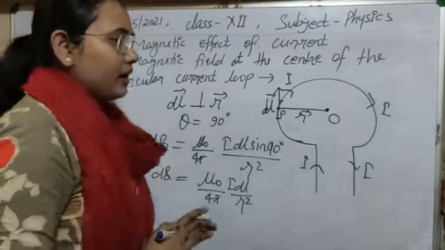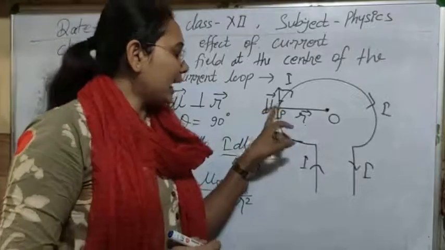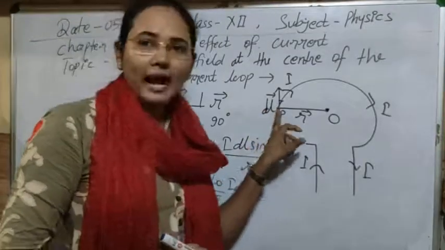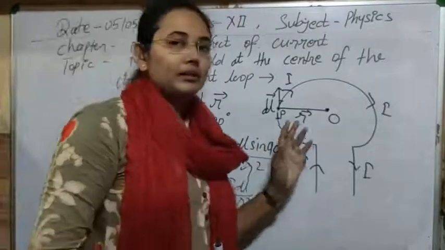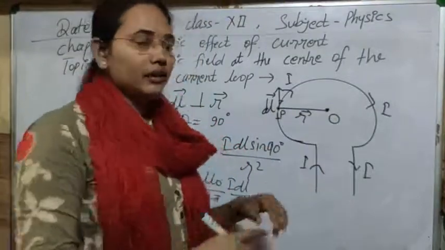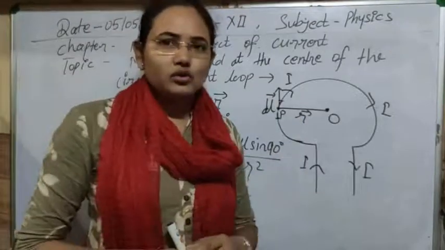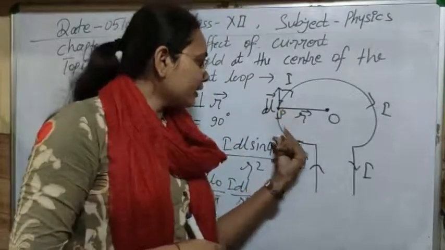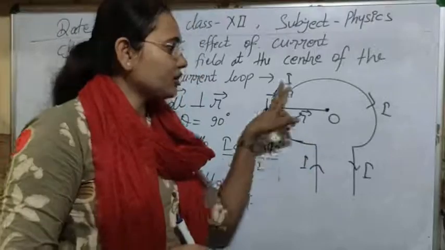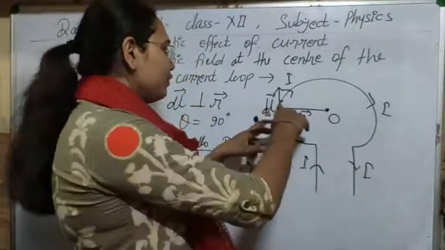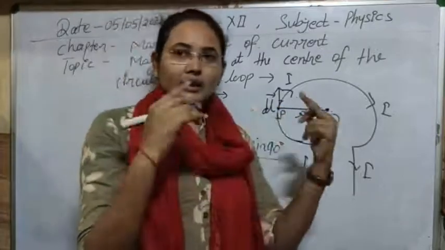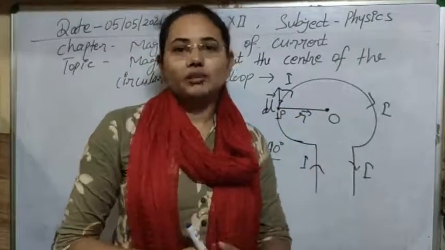Now we have calculated the value of the magnetic field due to this small element at the center O. Now we can calculate the total magnetic field due to the whole circular loop. If you integrate the equation over the circumference of the loop, then, obviously, expanding dl gives you the circumference of that circular loop.